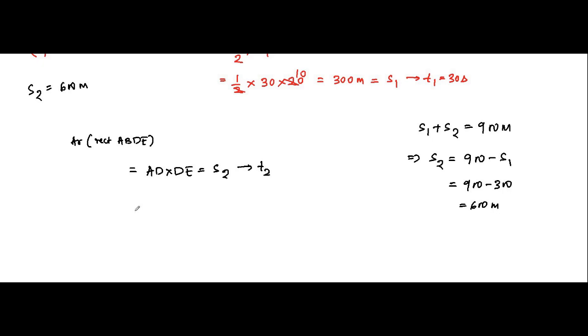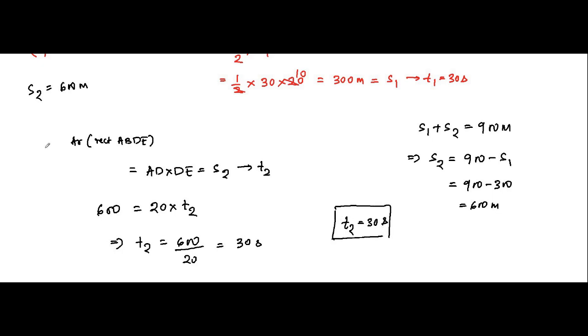DE is equal to T2. So it is 20 into T2, that is equal to 600. That implies T2 will be equal to 600 by 20, which is equal to 30 seconds. So T2 we have got, that is equal to 30 seconds.